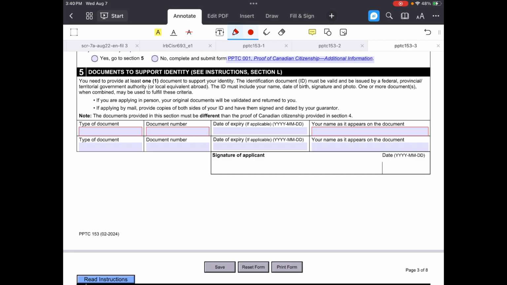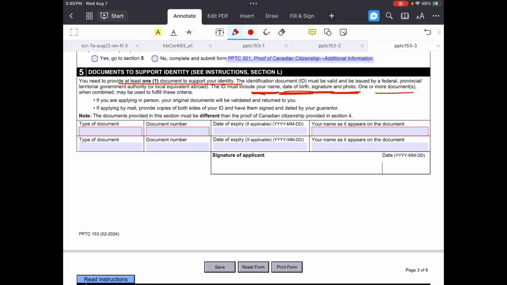So you need at least 1 document to support your identity. Again, it can be your driver license. The ID must be valid and must be issued by a federal, provincial, or territorial government. And the ID must include your name, date of birth, signature, and photo.